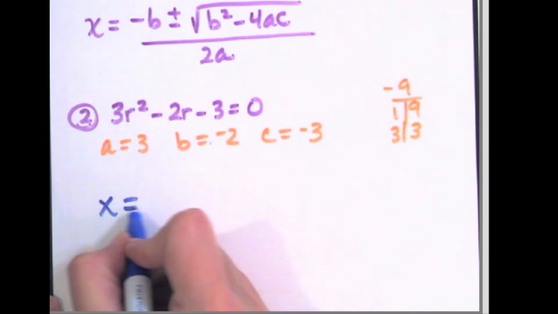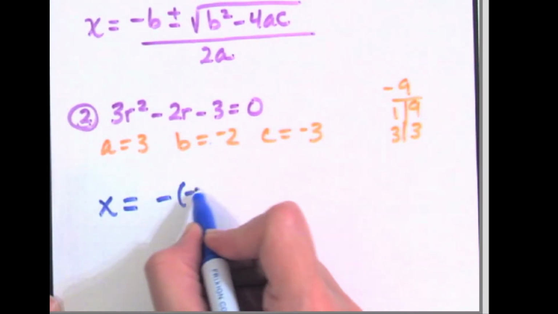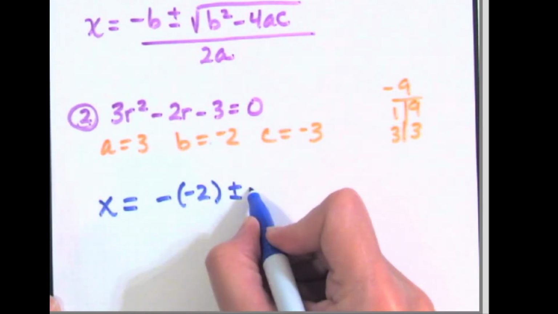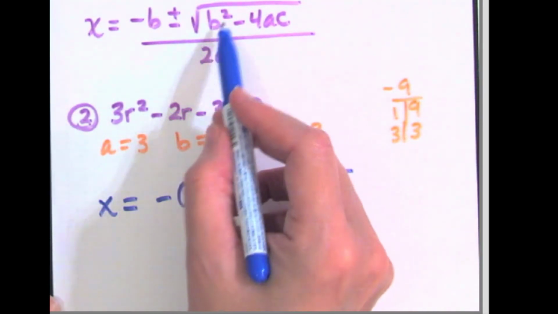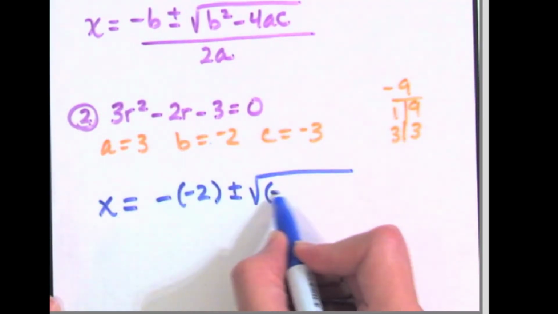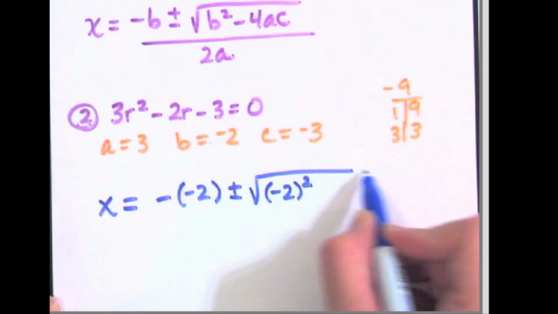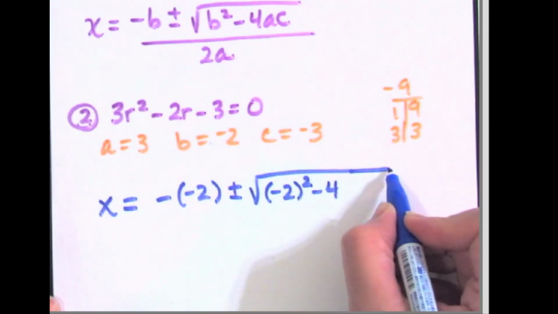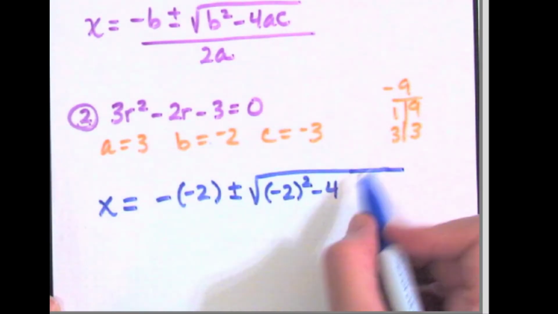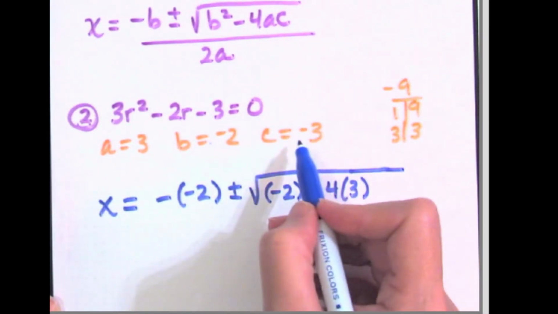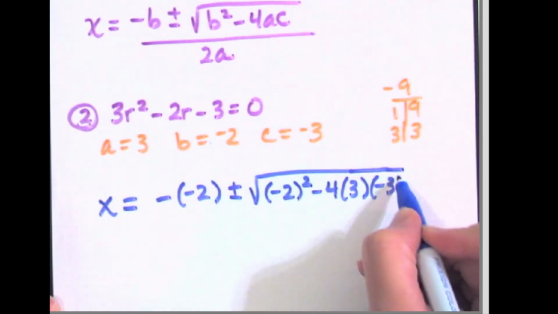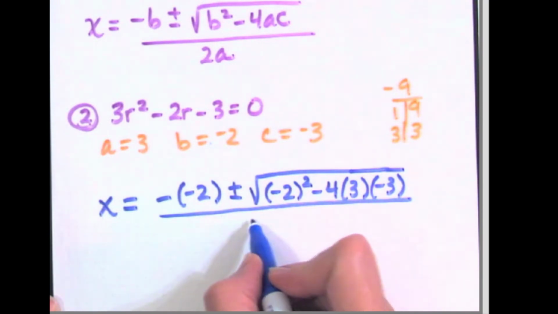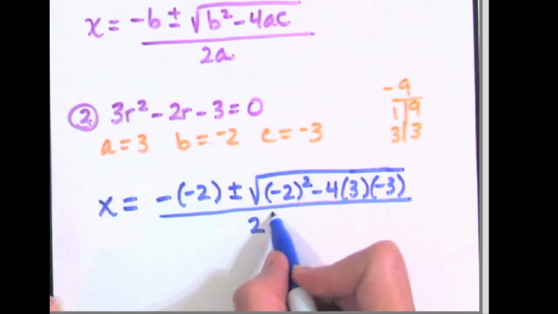So that's the opposite of negative 2 plus or minus the square root of b squared. When you're plugging in negatives, you should always use parentheses. Minus 4, that's part of our formula, and then times a times c. And it's all over 2a. It'll be 2 times 3.